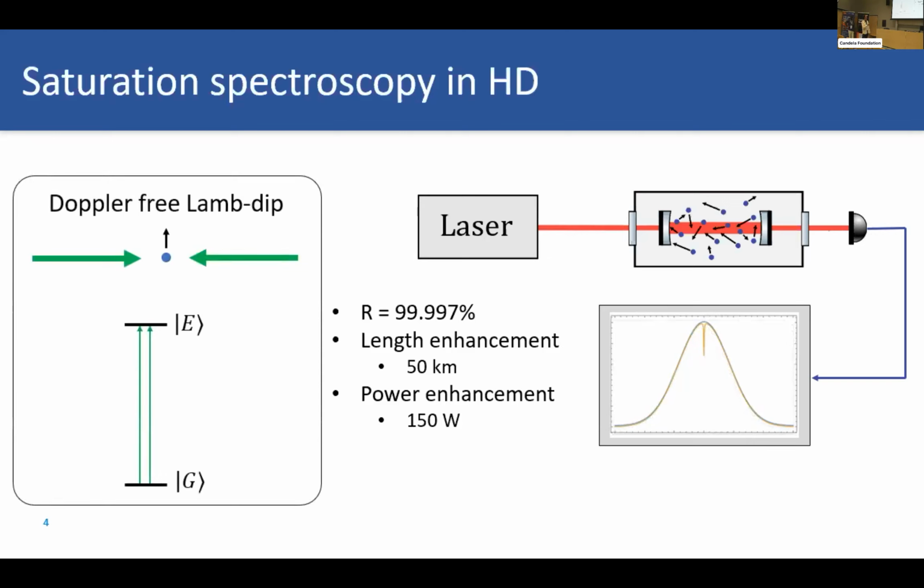For molecules flying orthogonally to the beam, we have interaction with both beams at the same time, which allows us to deplete the ground state with one beam, and then we see less absorption, which comes in as a narrow Doppler-free Lamb dip. However, even after the length enhancement and the powerful beams, we only have around 10 ppm of absorption after this 50-kilometer interaction, which is getting near the level of the photon shot noise.